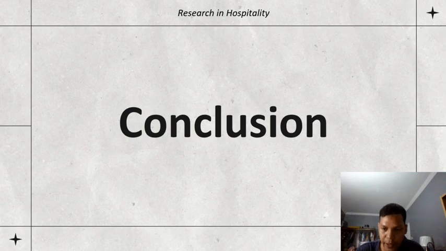And lastly, remember that the quality of your sampling techniques determines the quality of your research outcomes. Therefore, you need to use the right sampling technique, because it will affect the outcomes of your research. Thank you.